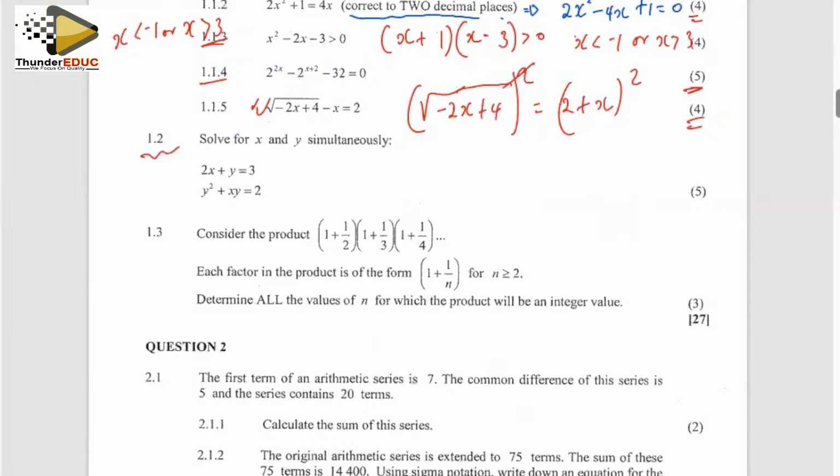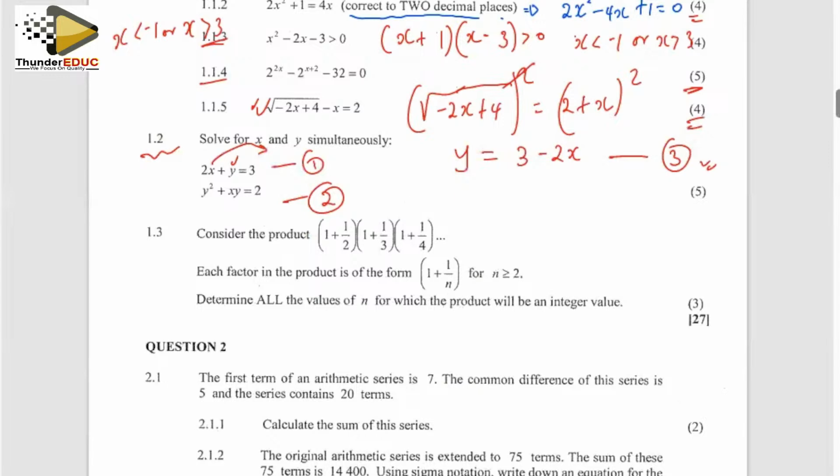1.2, the simultaneous equations. We have this as equation number 1. Let's call that equation number 2. From equation number 1, we need to make y the subject because it is easier. I need to move the 2x to that side, which means my y is going to be 3 minus 2x. Let me call that equation number 3. Then I'm going to substitute this third equation into equation number 2.